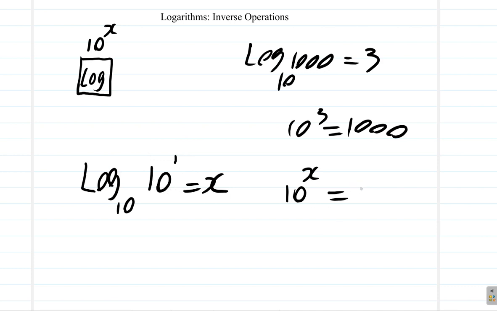So the answer is 10 to the 1. What must x be? x must be 1. See that? 10 to the x equals 10 to the 1. So x equals 1. Alright. So this is equal to 1.